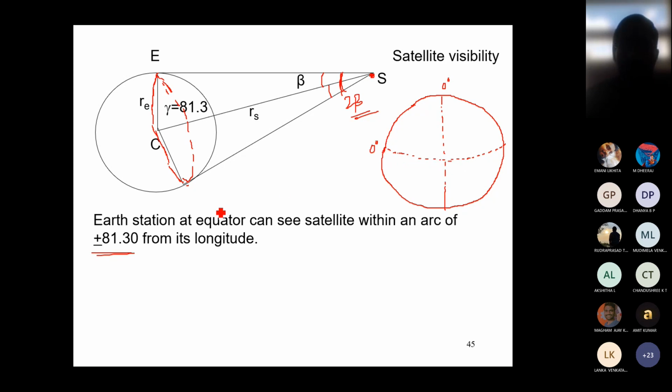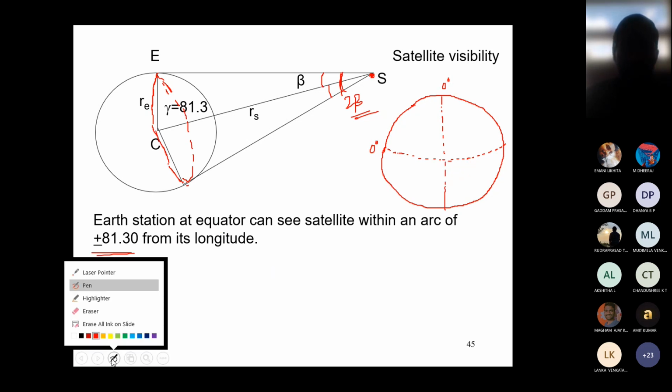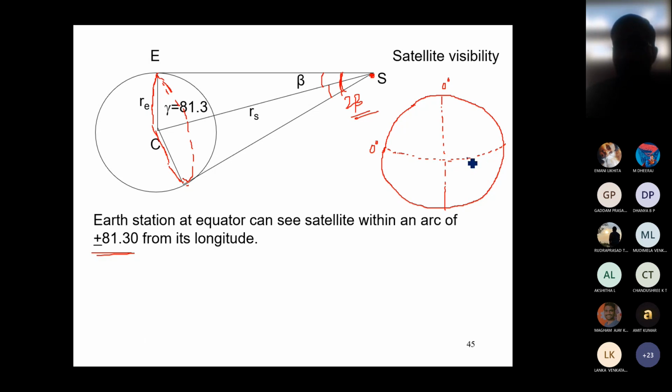Now, the Earth station is at equator. So where will the Earth station be? It will be on the equator, so I can take my Earth station here. Suppose the longitude of the Earth station is 20 degree, east or west?